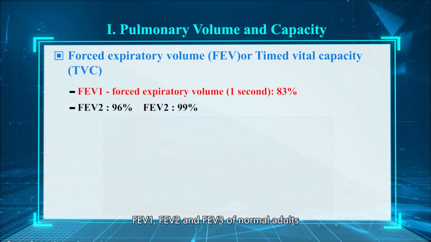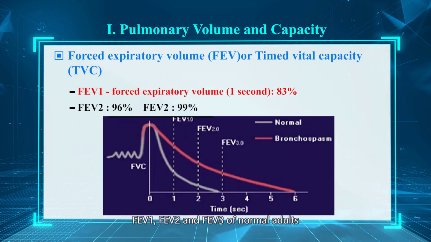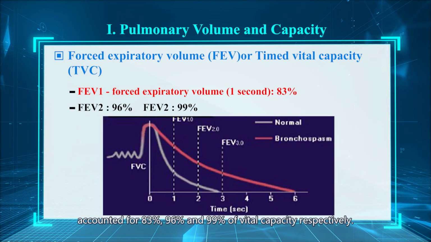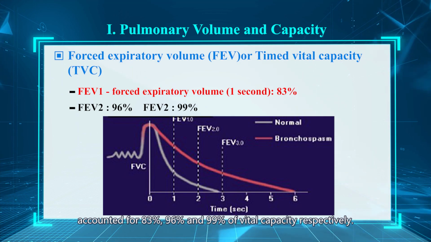FEV1, FEV2, and FEV3 of normal adults account for 83%, 96%, and 99% of vital capacity respectively.